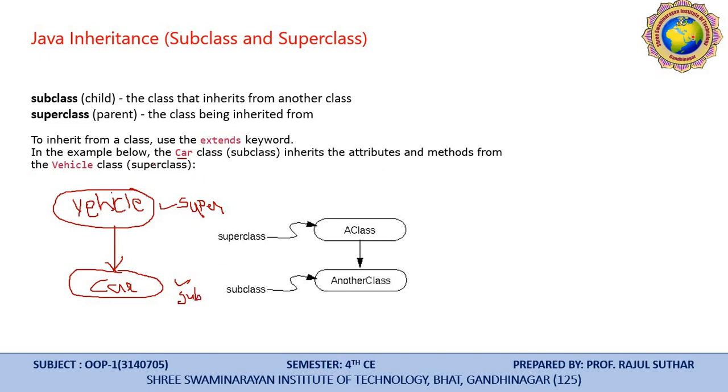Remember this, in the example, Car is a subclass. It inherits the attributes, meaning if Vehicle covers attributes, each and every attribute will be inherited into the Car class: here vehicle number, then category, as well as fuel type.